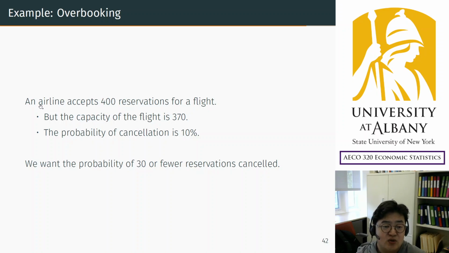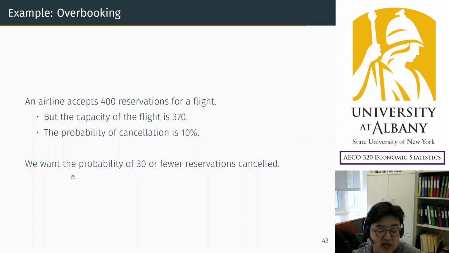So now I will assume that an airline accepts 400 reservations for a flight, but there are only 370 seats. As before, the probability of cancellation is 10%, and even though I didn't say that, cancellations are independent across reservations. So you are selling 30 more tickets than you can afford, so you cannot accommodate all the reservations. You are overbooking by 30 reservations.